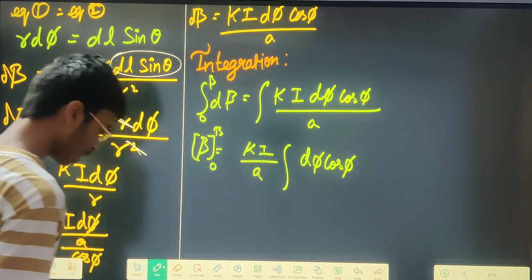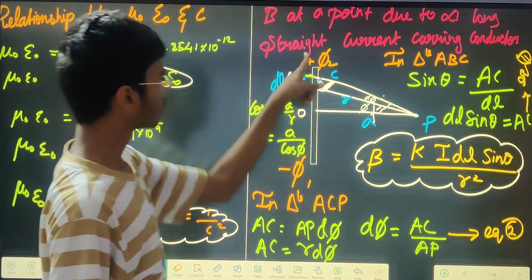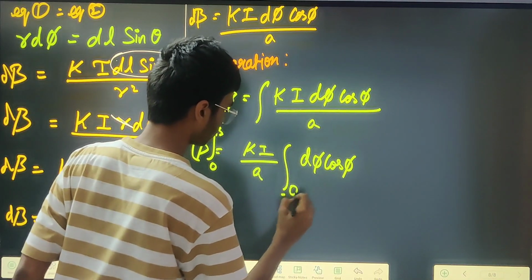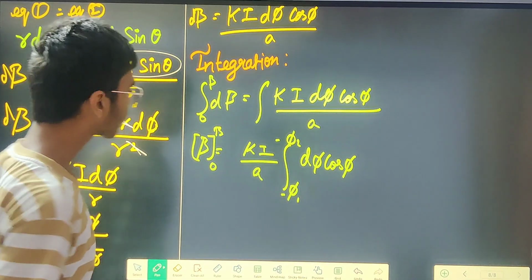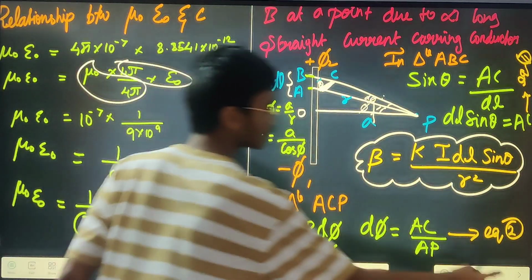What are the limits over there? Limits will be, see, minus phi 1, this is plus phi 2. So the lower limit is minus phi 1, upper limit is plus phi 2.